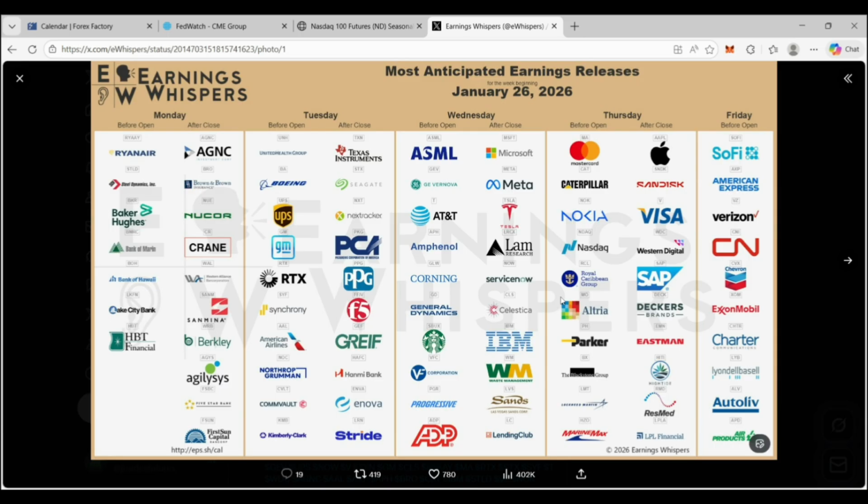And when you're looking at the stock market, the earnings reports that I like to pay attention to are the ones specifically for the Magnificent Seven stocks, right? You guys can go ahead and Google those 7 stocks, but some of them are in the earnings report for this week.